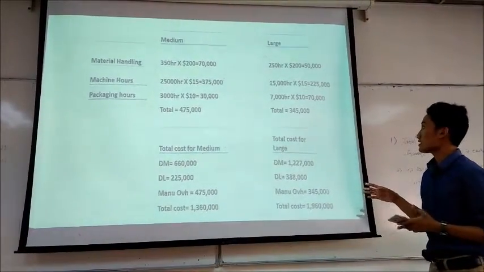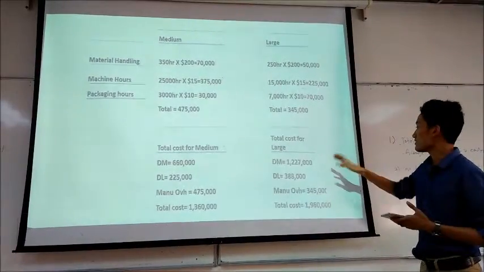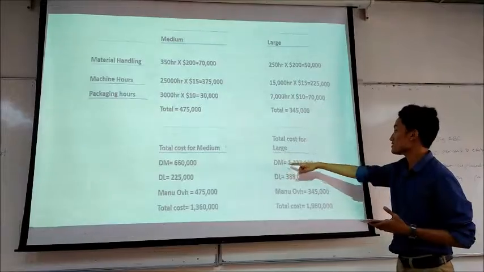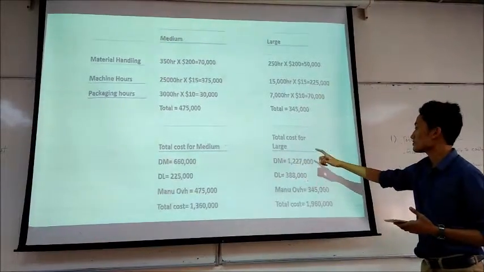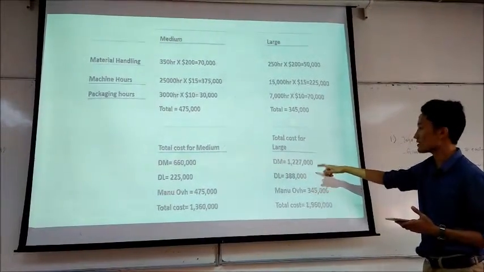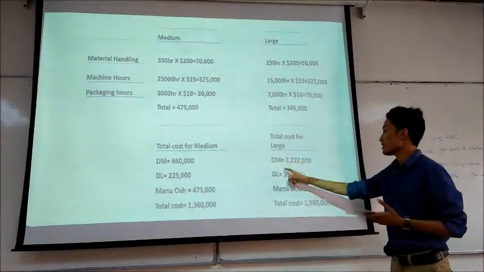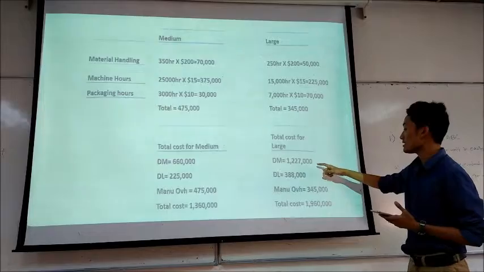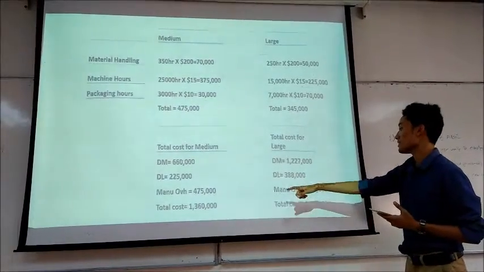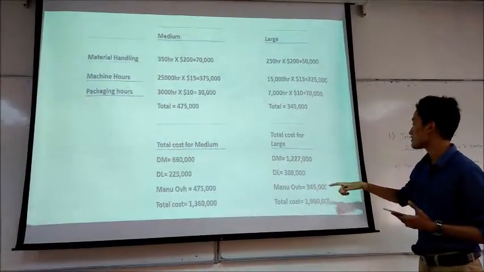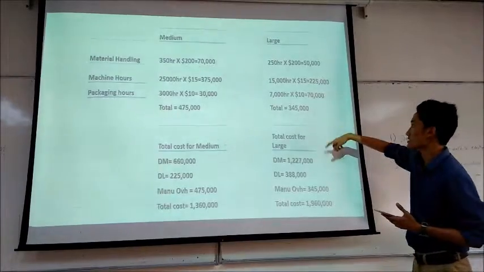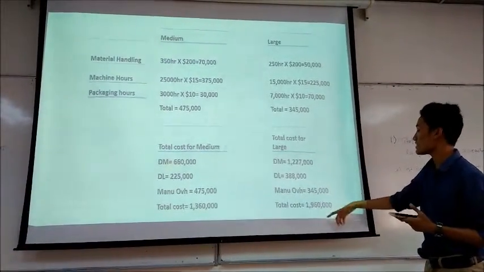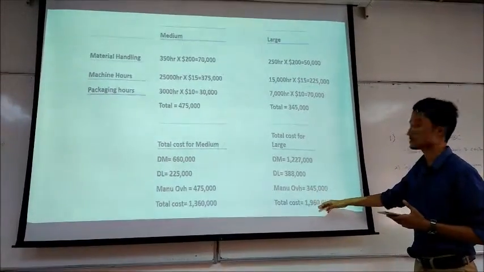And to calculate the total cost for large TVs, you add up direct materials for large TVs 1,227,000 with direct labor 388,000. And then you add with the manufacturing overhead 345,000 that you have calculated earlier, and then the total cost for large TV is 1,960,000.